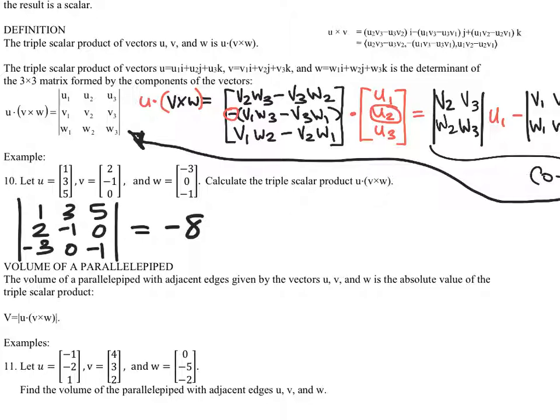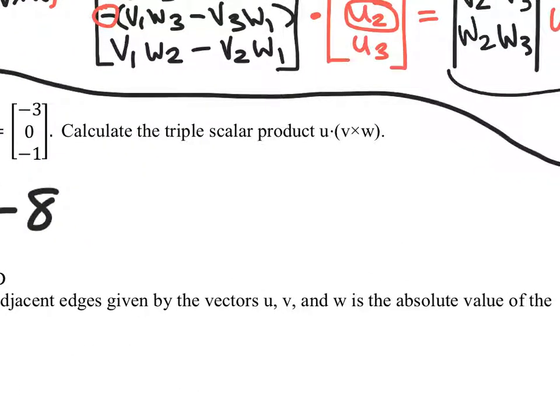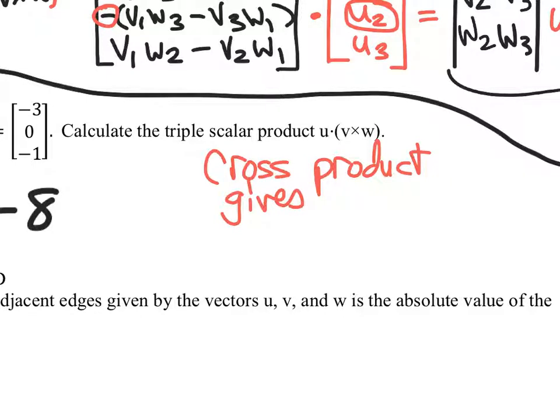So, the cross product gives, well, the magnitude anyway, the magnitude gives you a length that's consistent with the area of a parallelogram.